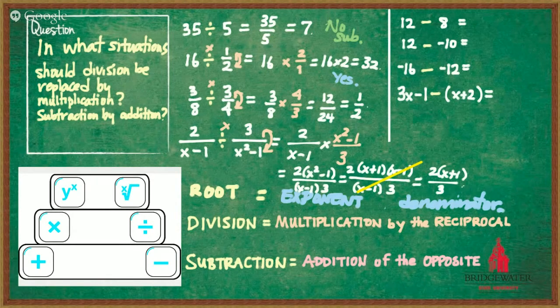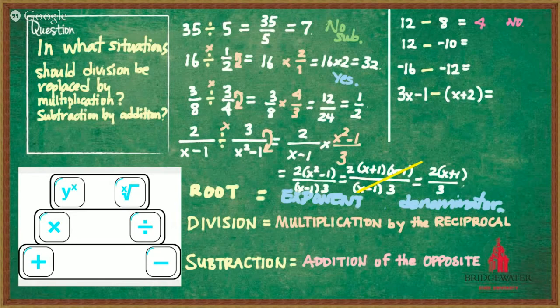It's a similar story for replacing subtraction with addition. The problem at the top here, 12 minus 8, well, again, that's a basic subtraction problem that doesn't really need a substitution. It doesn't really help us to replace that subtraction with addition instead.